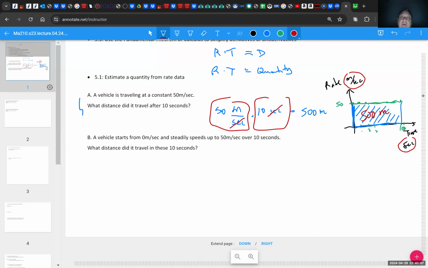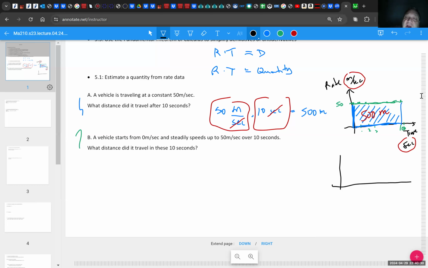Okay, so that's our basic example. Let's step it up a little bit with example B. We have a vehicle again. It starts from 0 meters per second and steadily speeds up to 50 meters per second over 10 seconds. Let me draw my picture again. It's a similar picture, but we're starting off at 0.